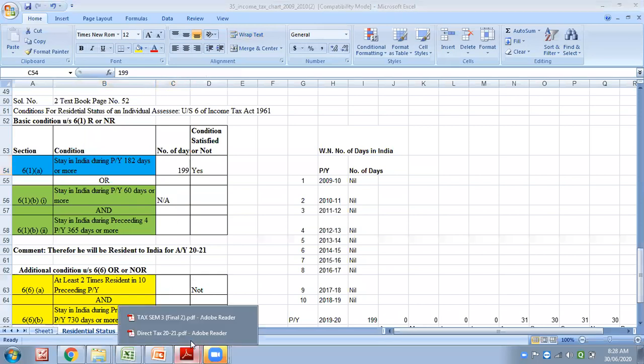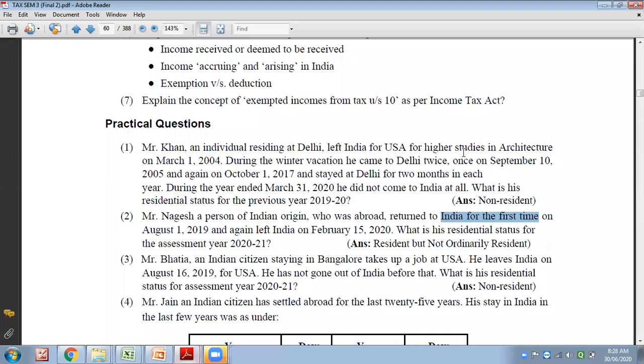That is why you must have got the answer also: resident but non-ordinary resident.